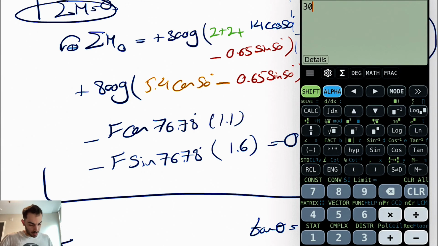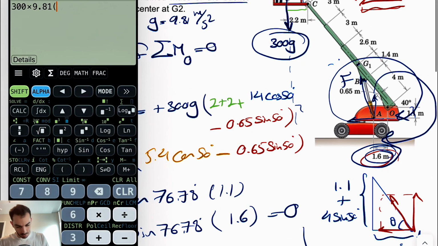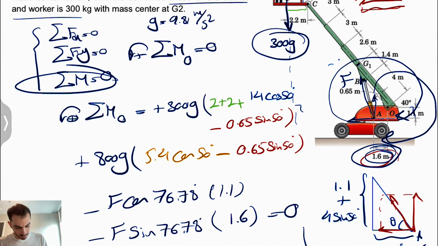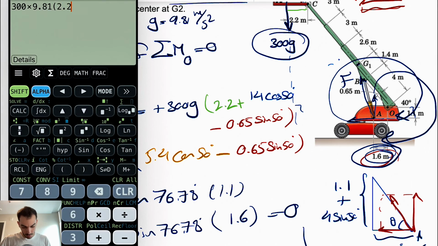So we're going to have 300 times 9.81 times, I don't know why I put 2 plus 2, this is actually 2.2 in here. So we're going to have 2.2 plus 14 cosine of 50 minus 0.65 sine of 50.